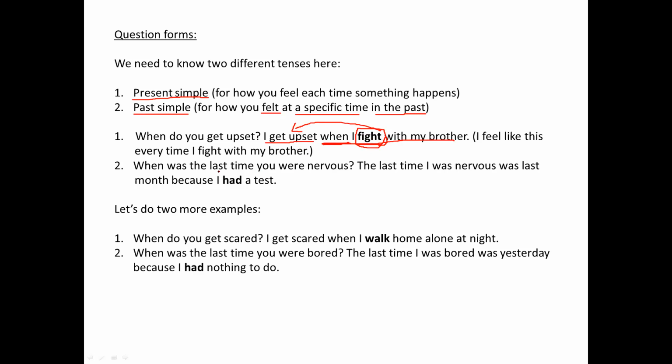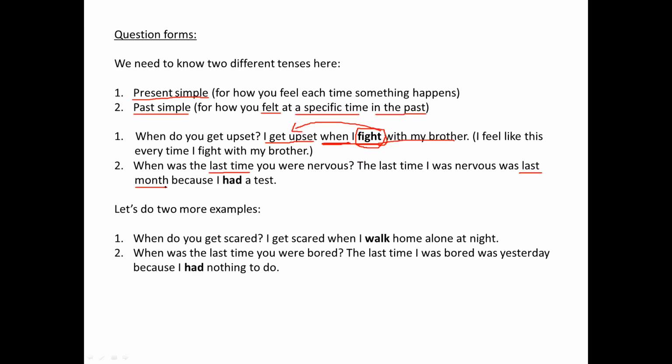Question 2. When was the last time you were nervous? This is a specific time in the past. The last time I was nervous was last month because I had a test. So the question is asking you for a specific time, so you need to answer with a specific time, in this case last month.